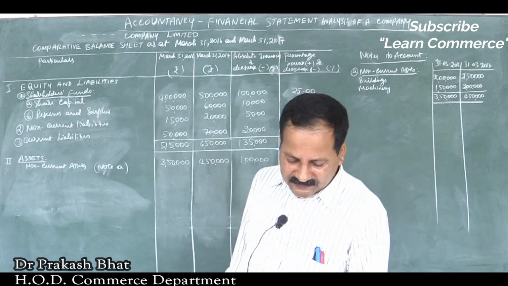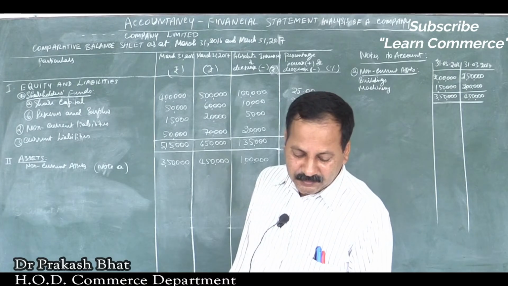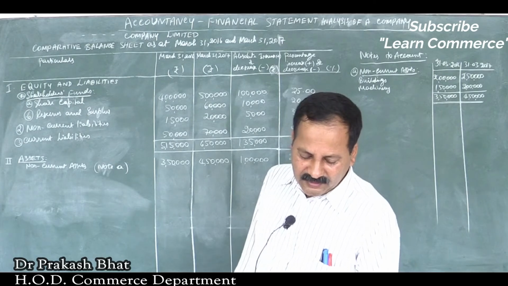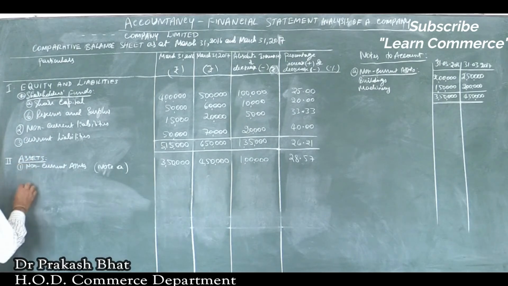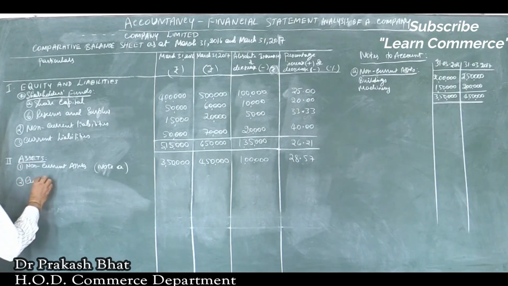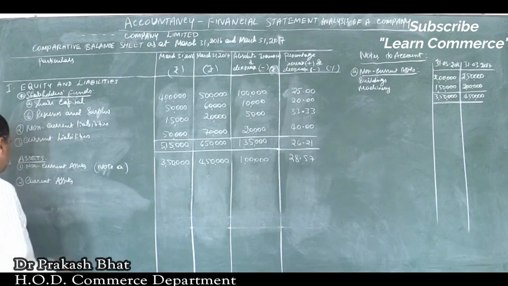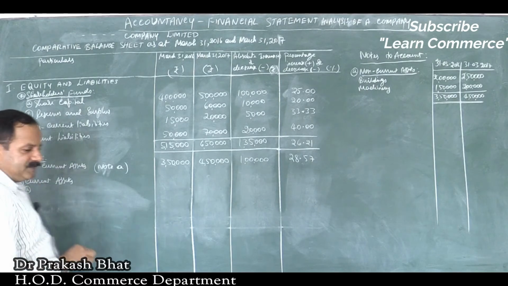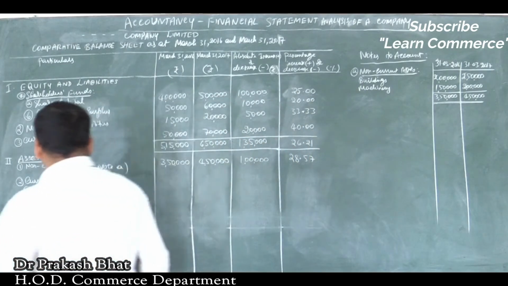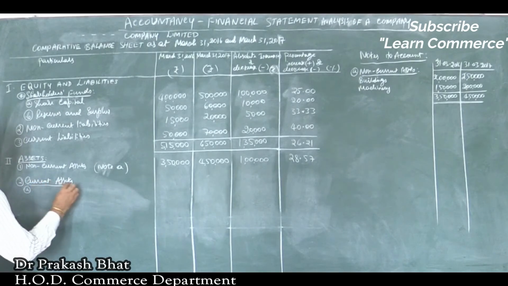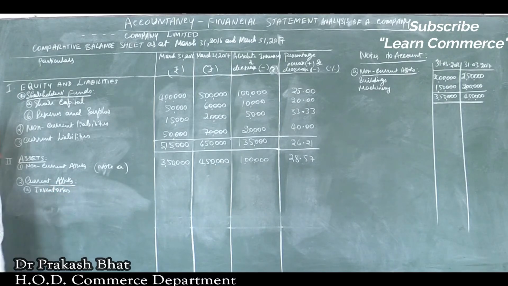Next one is given as stock, that is inventory. Trade receivables are there. Both come under current assets, right? So the second one is current assets. Under that, point A, current assets, inventories.